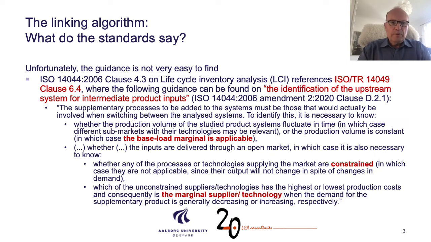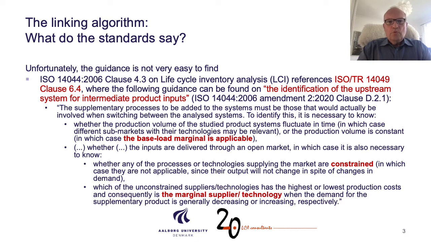First of all, in bullet number 1, the ISO 14049 talks about the production volume of the product systems fluctuating in time. That is what we discussed in the previous video on the topic of temporal markets, where we can have peak loads and base loads. And in the case of a base load market, the ISO 14049 goes on to say that in this case, the base load marginal is the applicable one.